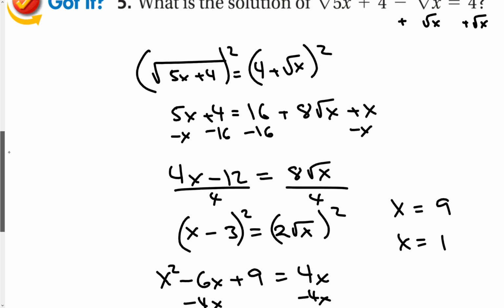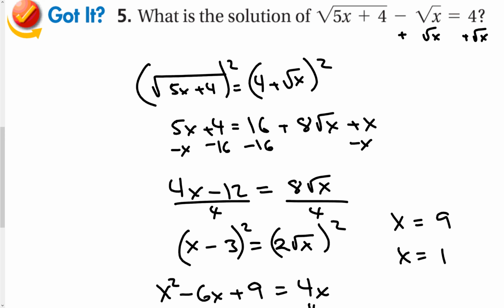Don't assume that they are both correct. 5 times 9 plus 4 is 49, minus the square root of 9. Is that equal to 4? That's 7 minus 3, which is 4.